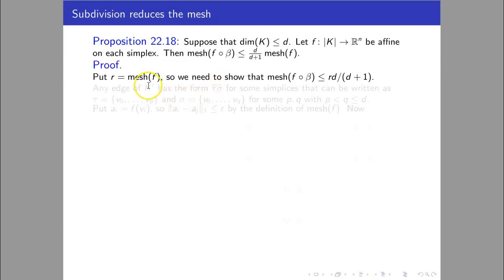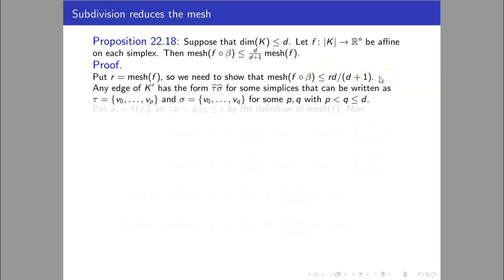Okay, so R is going to be the mesh of f, and we need to prove that the mesh of f composed with beta is less than or equal to Rd over d plus 1. So let's think about an edge of K prime. That's an edge from tau hat to sigma hat for some simplices tau and sigma, where tau has to be contained in sigma.